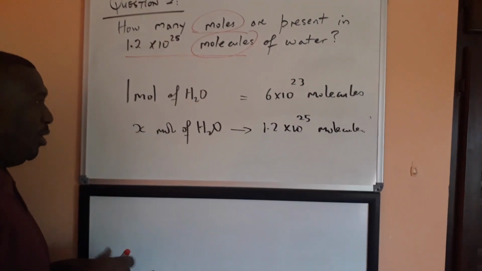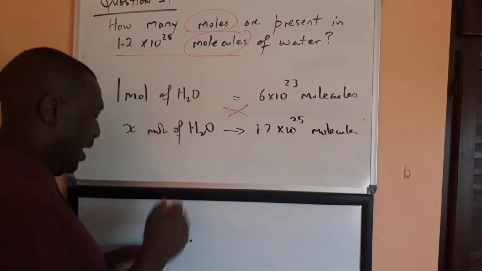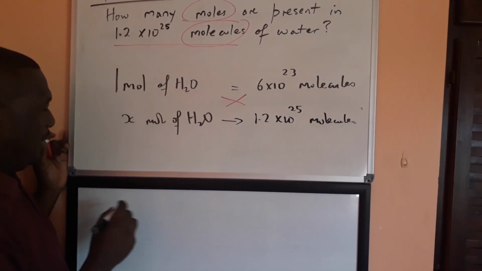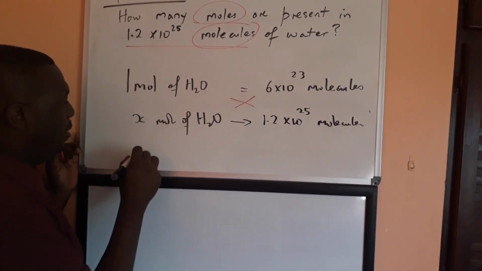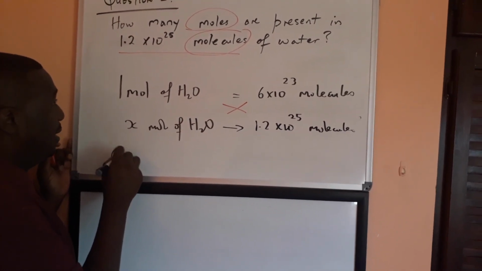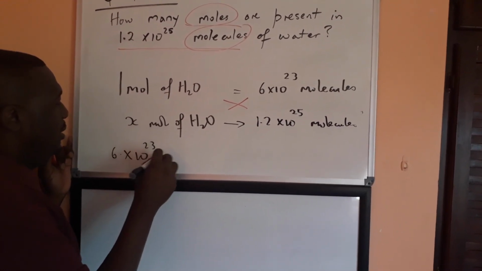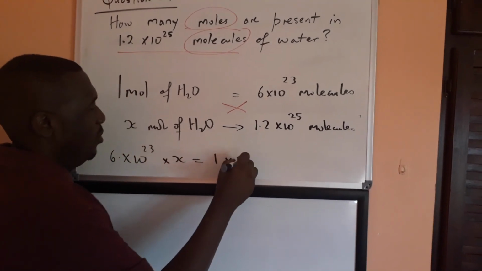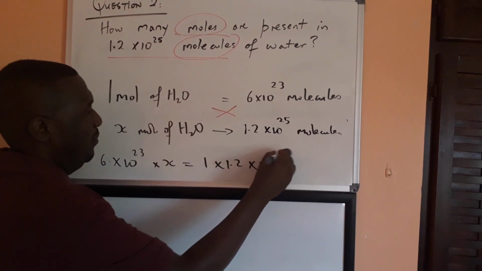Alright, and so again, we can just cross multiply and we can go to our next line. So our next line is going to say that 6 times 10 to the 23 times x is equal to 1 times 1.2 times 10 to the 25.